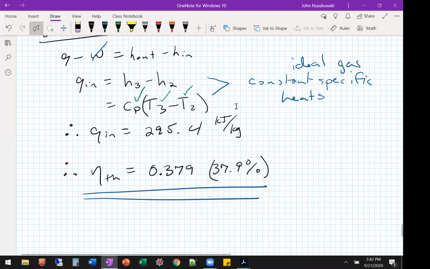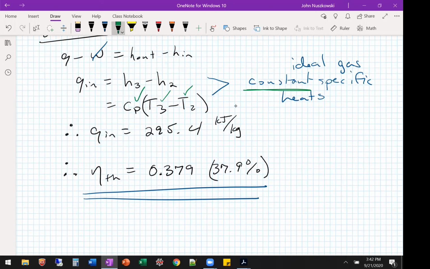Any questions? Could you have also used the thermal efficiency they give in the book for a Brayton cycle? I think someone just commented that. Yeah. In this case, I think you can, but it only works when you keep constant specific heat at room temperature, and only with constant specific heats.